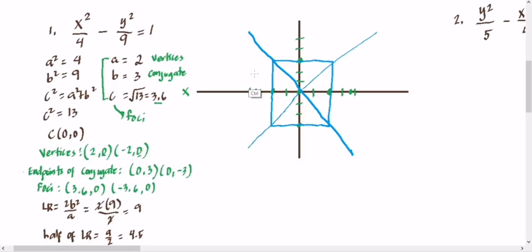So, 1, 2, 3, 4.5. So, dito, itapat lang natin dyan. Then, dito rin, 4.5 sa baba. 1, 2, 3, 4, 5. So, 4.5 banda rito lang. Okay? Next, dito rin, 4.5. So, katapat lang din ito. 4.5. And dito rin, 4.5.